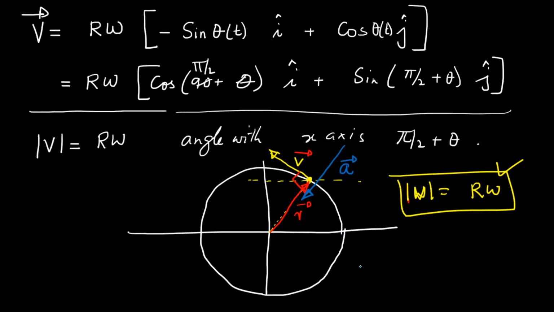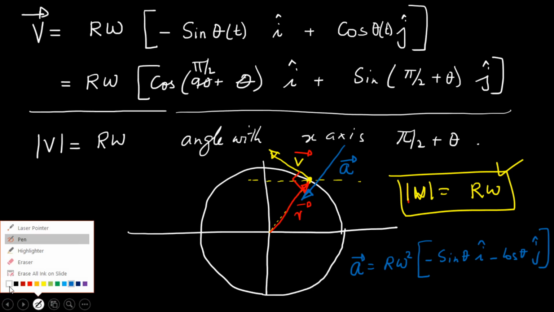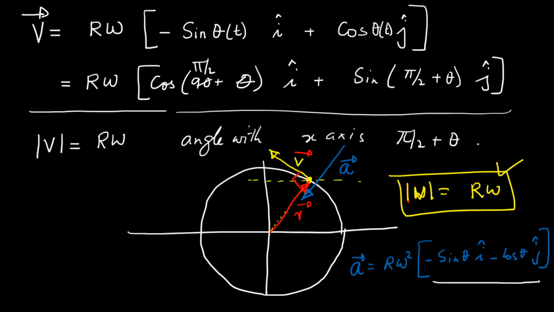And it's minus sine theta i minus cos theta j, and this immediately tells us that it's towards the center. This is the direction towards the origin, and this is the magnitude. So we have magnitude of a is equal to r omega square, and the direction is towards the center.